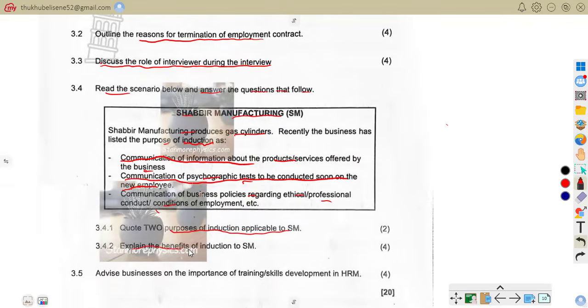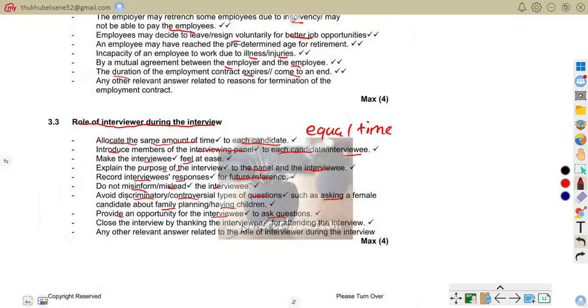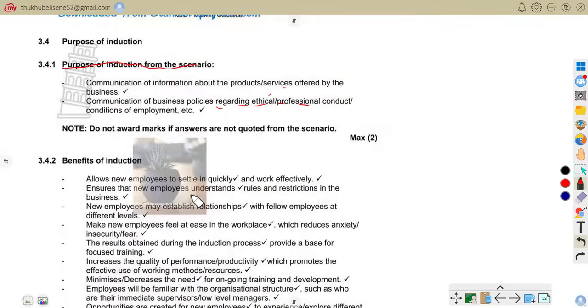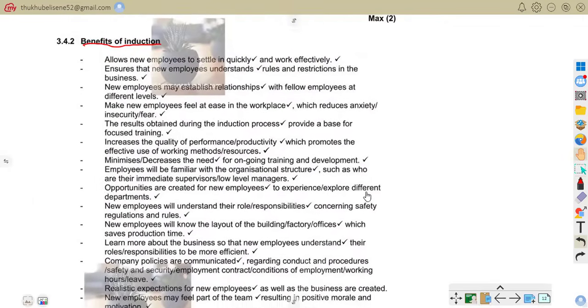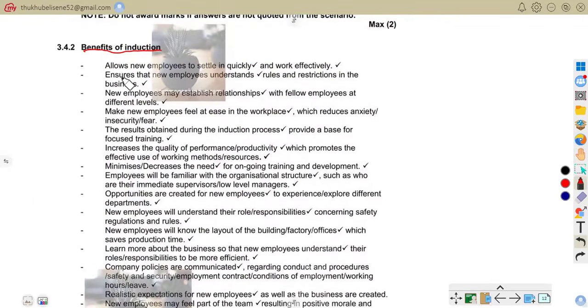3.4.2, explain the benefits of induction to Shabia Manufacturer. Benefits of induction. As it says, it allows new employees to settle quickly and work effectively.